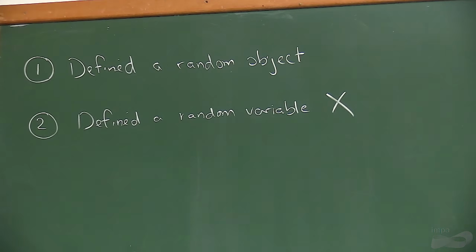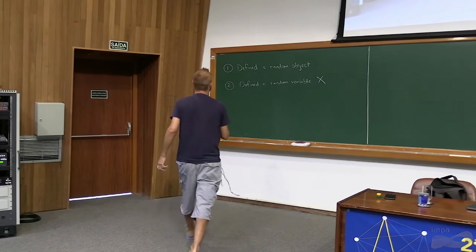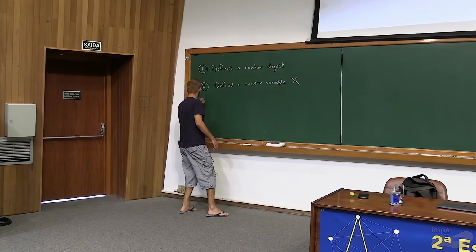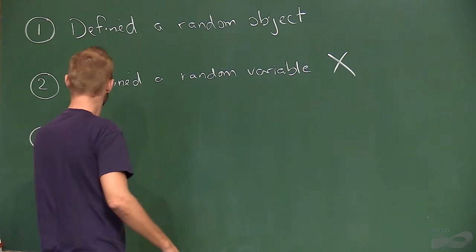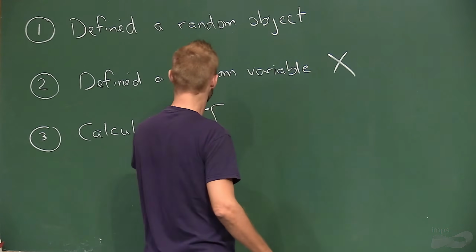We wanted to find some object that had no somethings. So we said x was the number of somethings in the object. Right? We wanted to show that it was possible x was 0, say, or possible that x was at least something or at most something. Then we calculated the expectation.